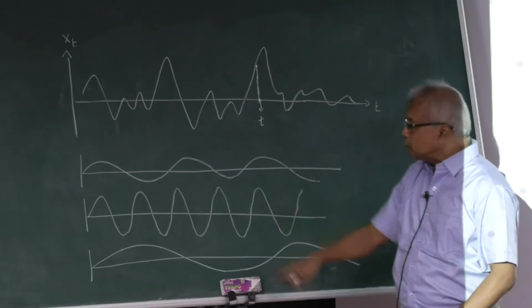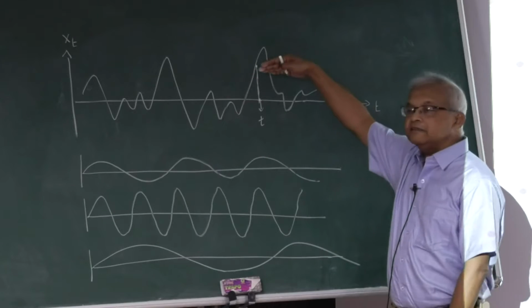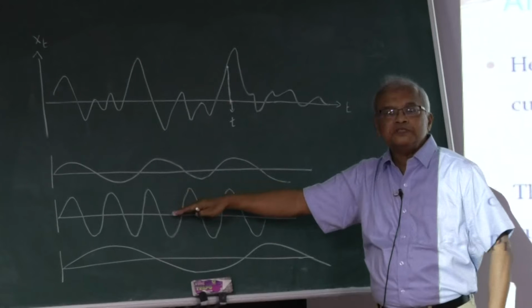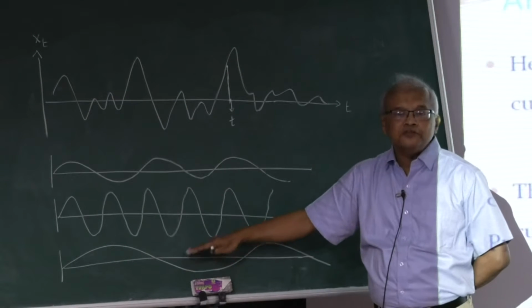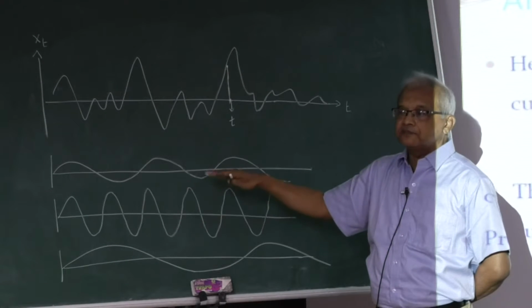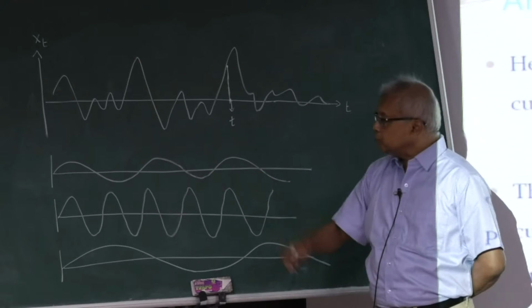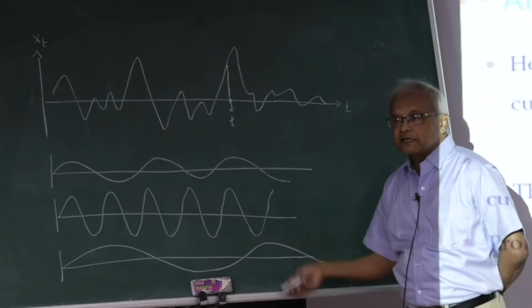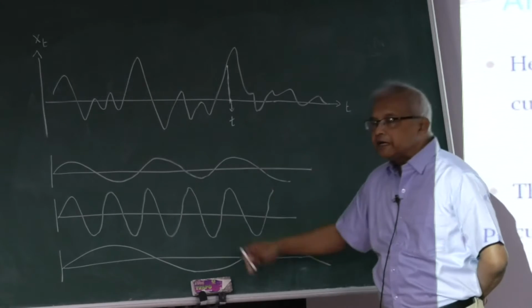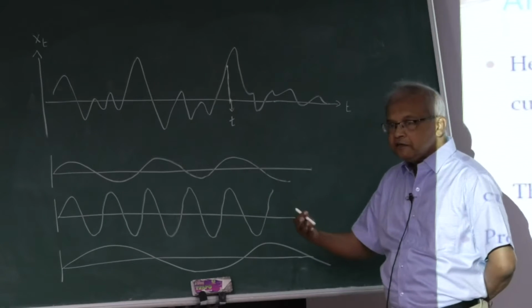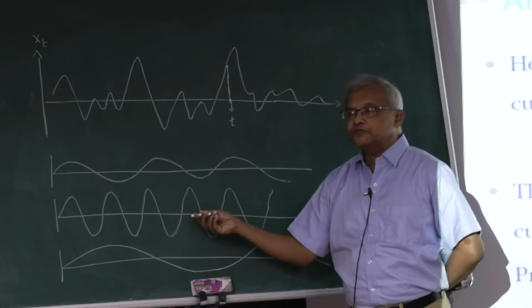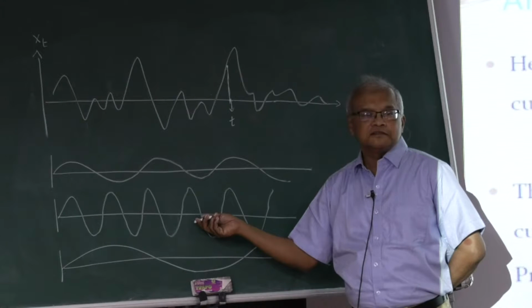Okay, so the idea is, can this be actually decomposed into a number of smooth sinusoidal curves? Okay, so if I can find 4 or 5 such curves at the most, which when combined, superimposed on each other, lead close to this, then I have an idea as to what the underlying structure is.